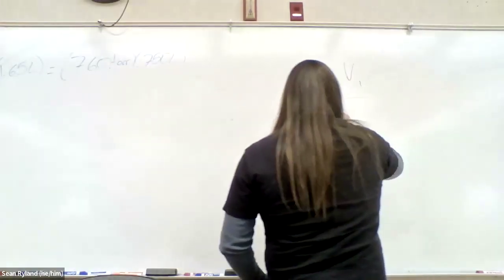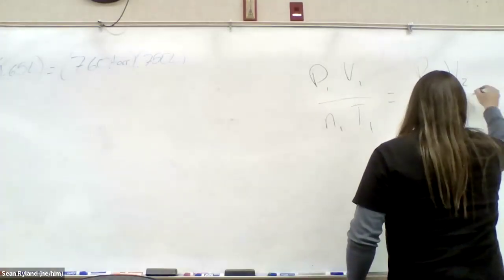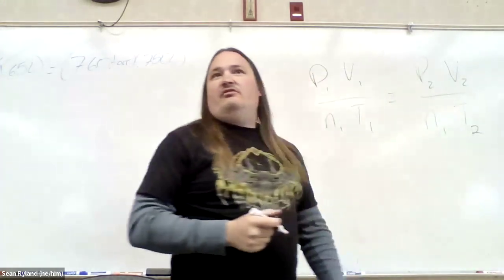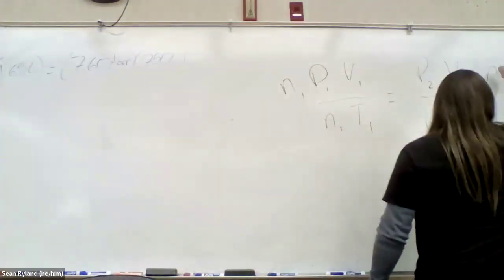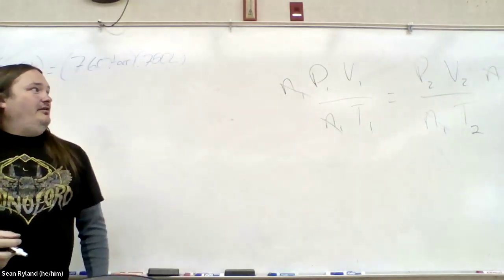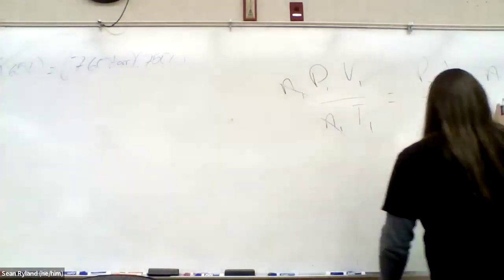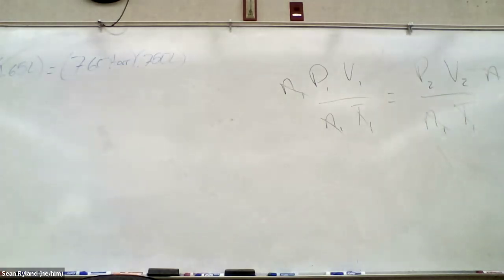P1 V1 over N1 T1 equals P2 V2 over N1 T2. If these are the same, then I can just multiply both sides by N1 and it goes away. If temperature's also being held constant, T1 and T2 are the same also, right? And then we're just left with the first simple gas law we started with, P1 V1 equals P2 V2.